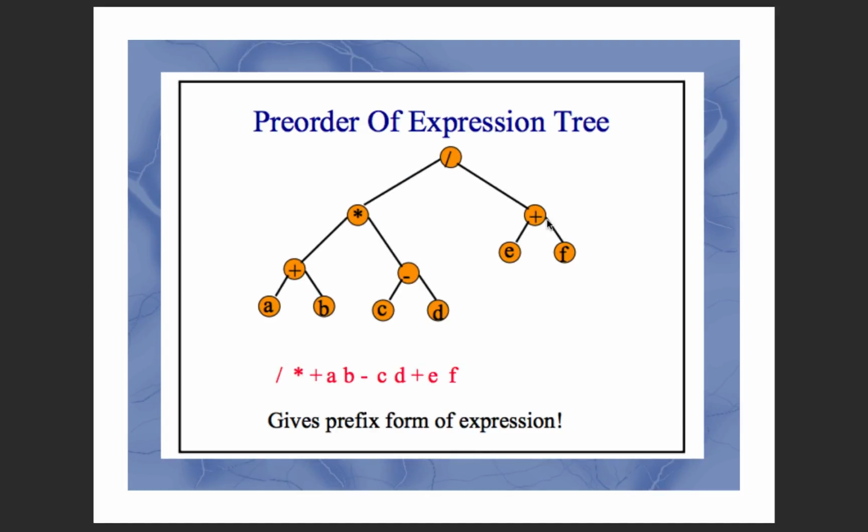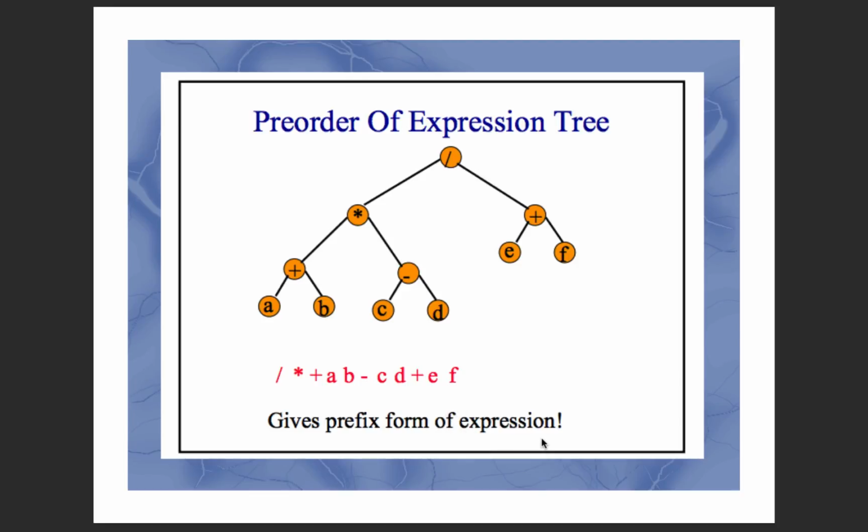We have seen one expression tree in our previous class. We have discussed that we can have binary expressions in our programs, and we can represent those binary expressions in a binary tree. So this is one binary expression in a tree. Basically this gives the prefix of an expression.